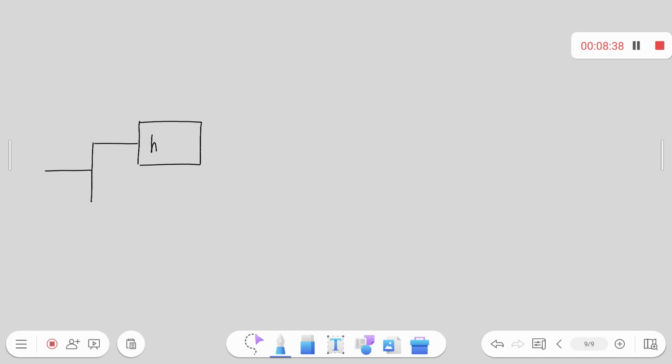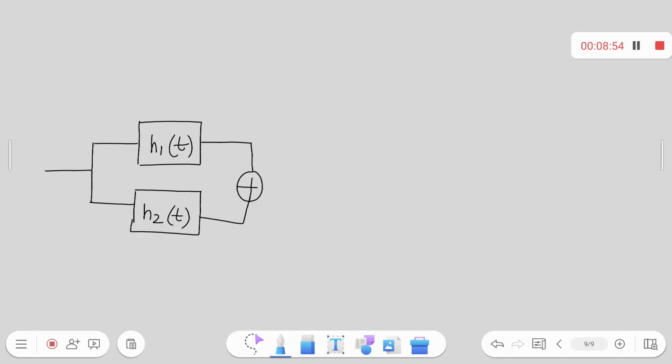Let us consider you have one system characterized by this impulse response h1(t), and you have another system characterized by this h2(t). x(t) is the input, and this is y(t).